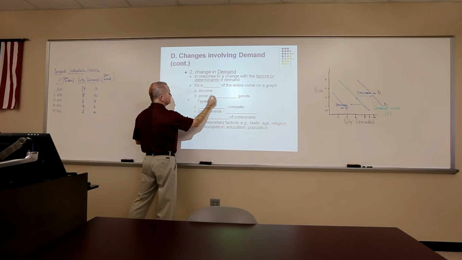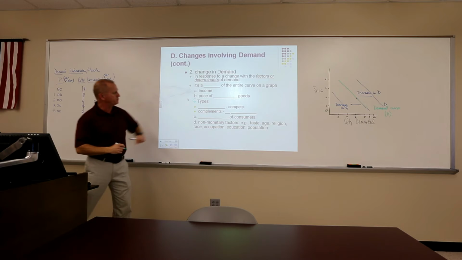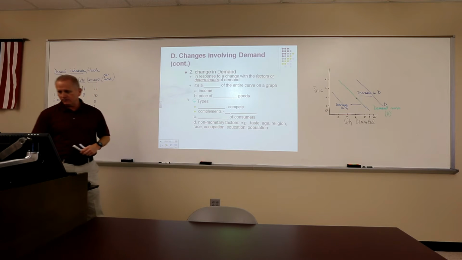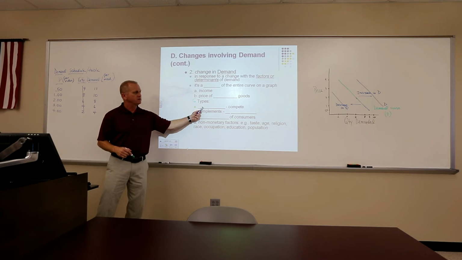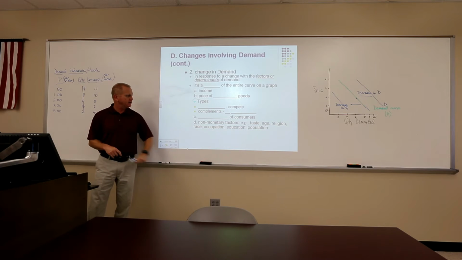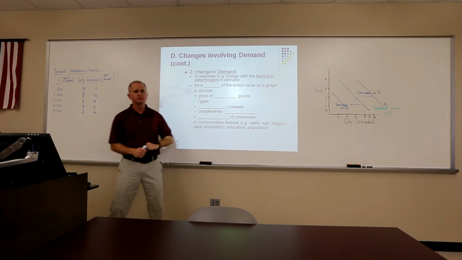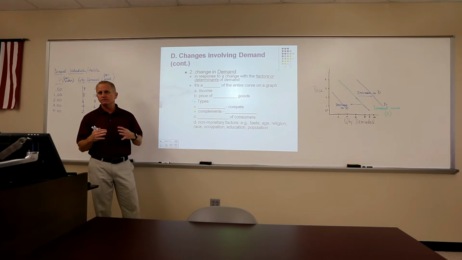The first one is substitutes, which compete, and complements, which go together. Complements go together, substitutes compete. And those are the types of related goods, but we have to look at the price of them.